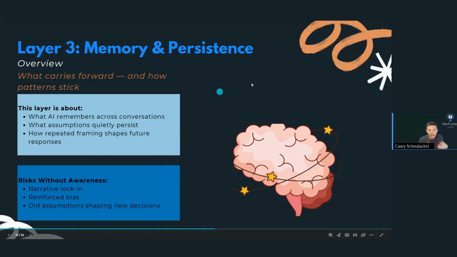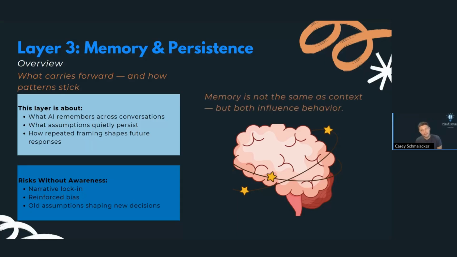Without being aware that there is this memory aspect, it can lead to some narrative lock-in, reinforced bias, and old assumptions shaping new decisions. So memory isn't the same as context you provide within a chat, but both are influencing the behavior of responses.